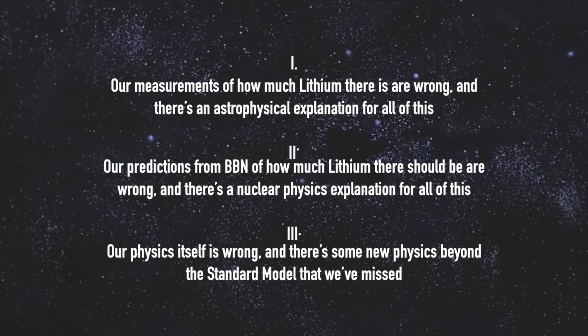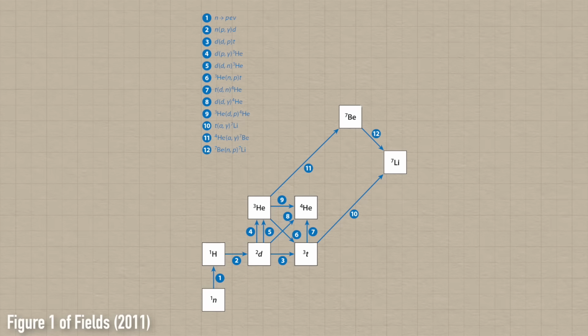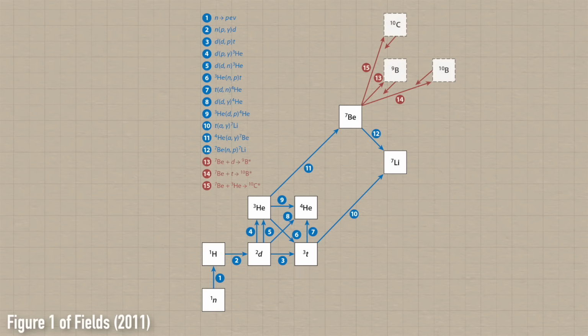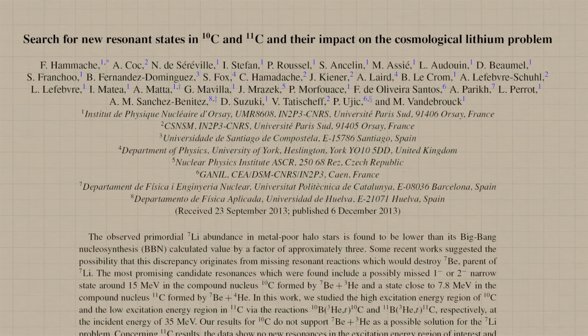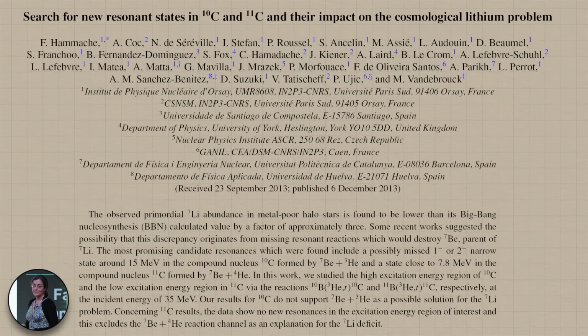So what about if our measurements are right, but our predictions from Big Bang nucleosynthesis are wrong, and there's just a nuclear physics explanation for all of this? Perhaps there could be extra reactions going on in this cycle that would reduce the amount of lithium made, maybe turning it into heavier elements like carbon and beryllium. But there have been lots of active searches for new reactions, but so far none have been found.